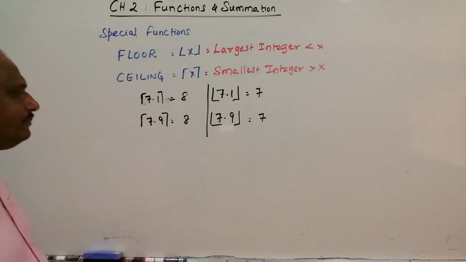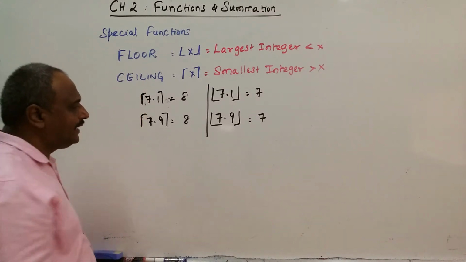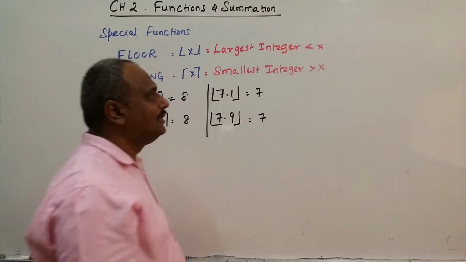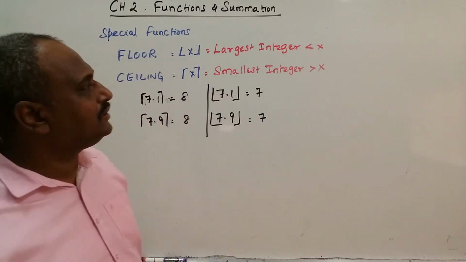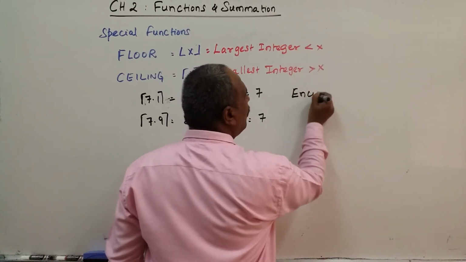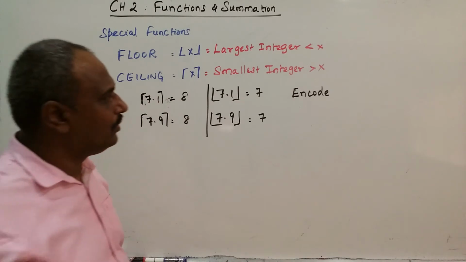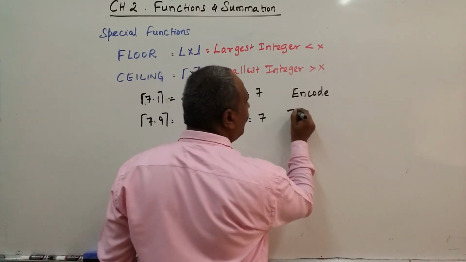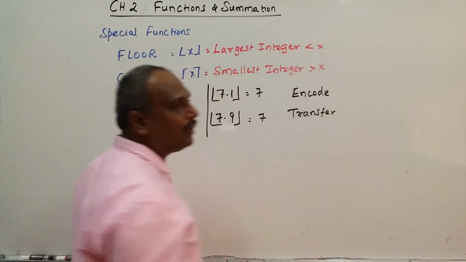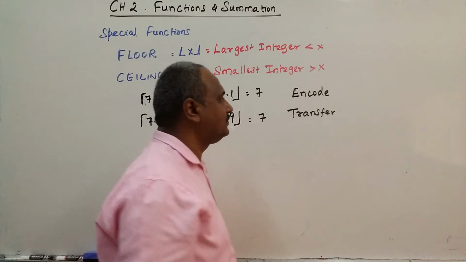You know that very well: in computers, the most important area is data management. Here in this chapter, we are going to discuss two ideas: encoding and data transfer.